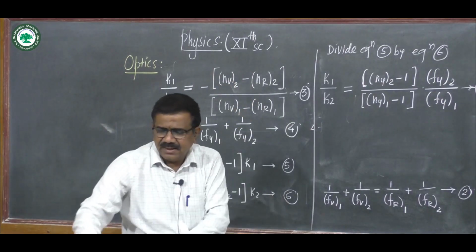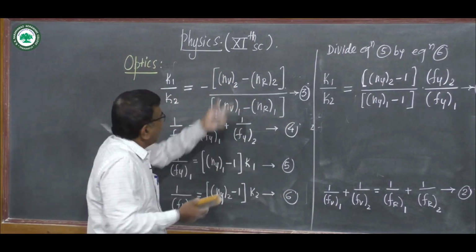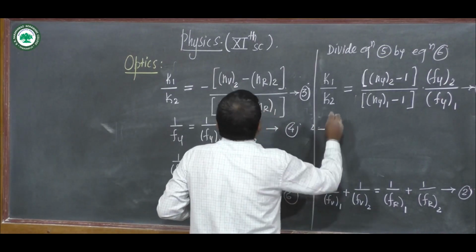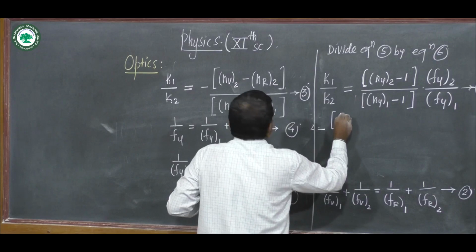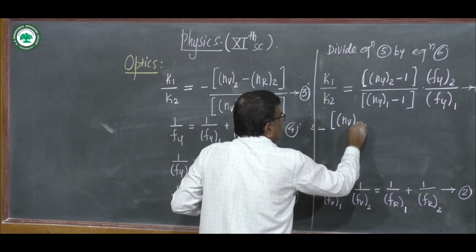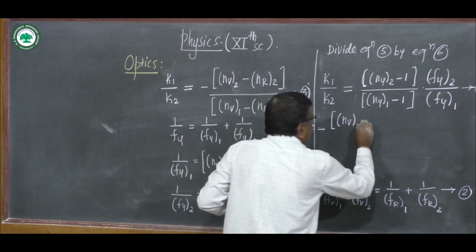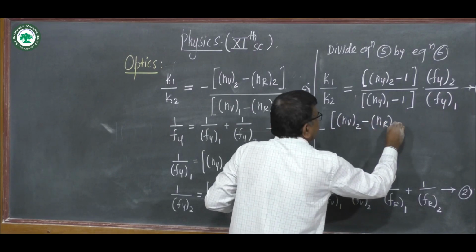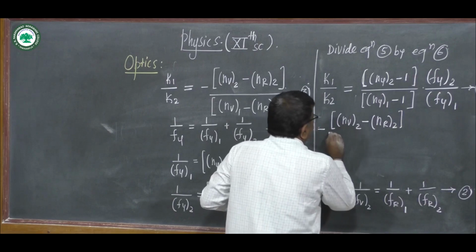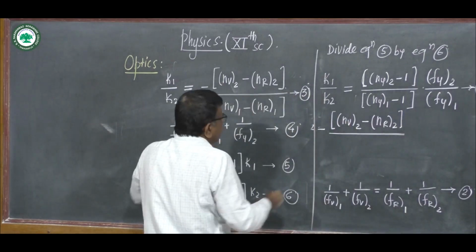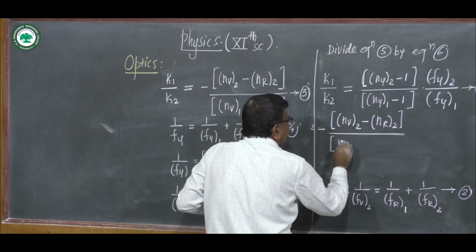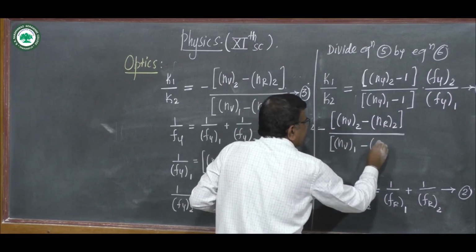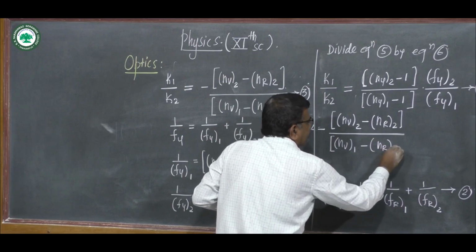Hence we write from 3 and 7, minus in bracket (nv2 minus nr2) divided by (nv1 minus nr1).